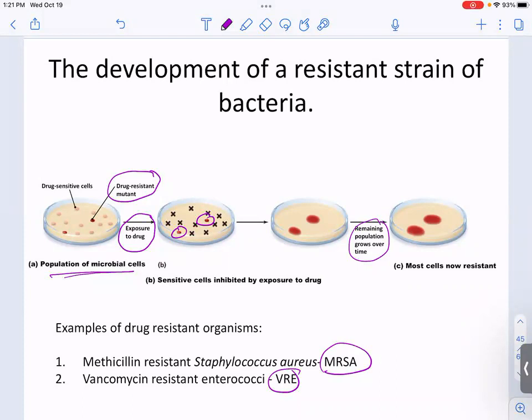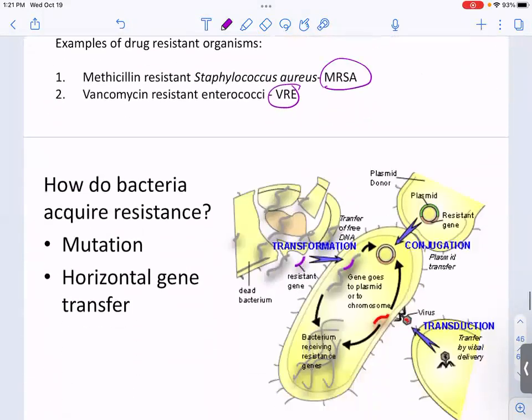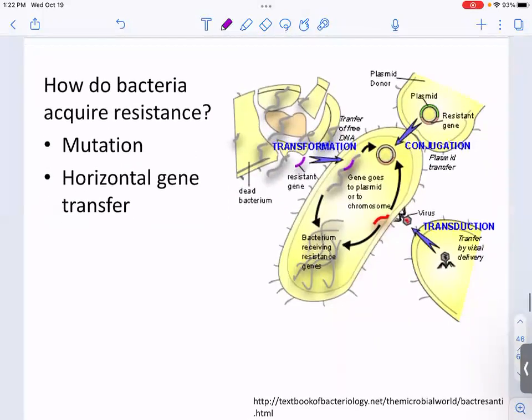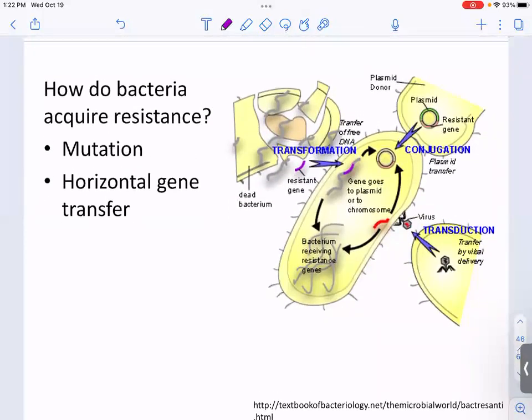Tuberculosis is another one, a huge problem. About 10% of new cases are multi-drug resistant, and about 1% of new cases are basically resistant to everything we have. So huge problem. It's expensive to make new antibiotics and to develop them, and pharmaceutical companies want to get their profits out of it. So it's a tough thing.